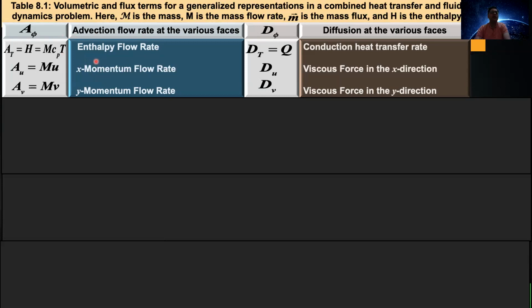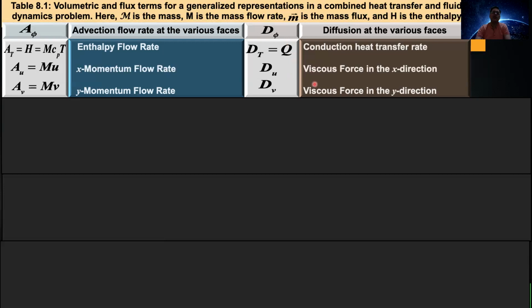It is expressed as a general variable, and it is used 3 times in a 2D problem: first, to calculate the enthalpy flow rate, then the x momentum flow rate, and the y momentum flow rate. You note that the expressions for enthalpy, x momentum flow rate, and y momentum flow rate are very similar. Even when you talk of the expression for conduction fluxes and the viscous stresses, for incompressible flow, conduction flux is expressed as mu times the normal gradient of temperature.